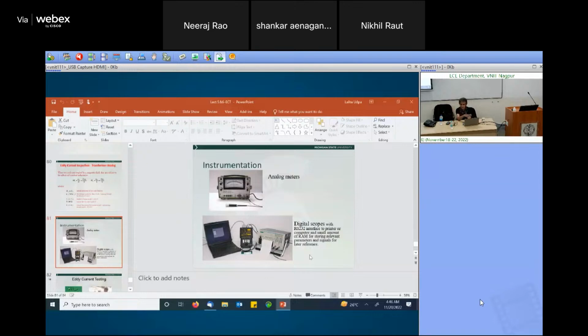He has a totally digital eddy current instrument, and the entire PCB is like a credit card size. Of course, if you want to look at the signal, you have to connect it, maybe through a Bluetooth device, to a computer screen and look at it. So this is also outdated, I have not updated my slides. But it's very important.